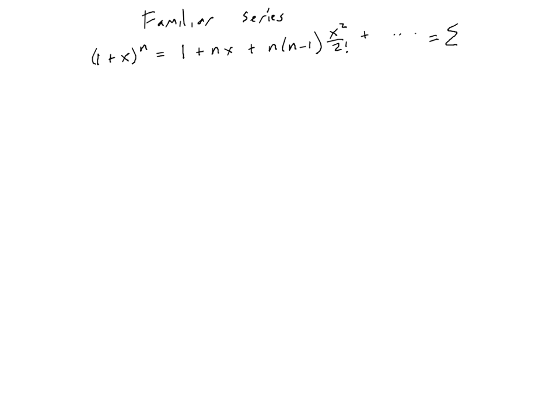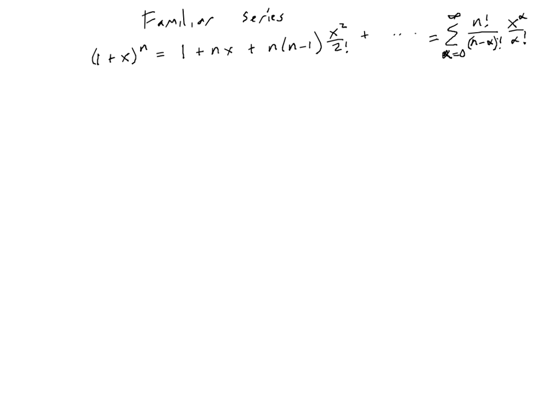You can also write this as the sum from alpha equals 0 to infinity of n factorial over (n minus alpha) factorial times x to the alpha over alpha factorial. So what's happening here is you're summing up all of these different terms, and when you sum them all up, you get this nice analytic function.